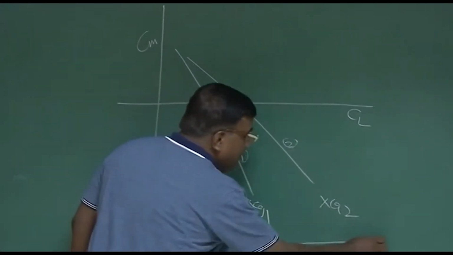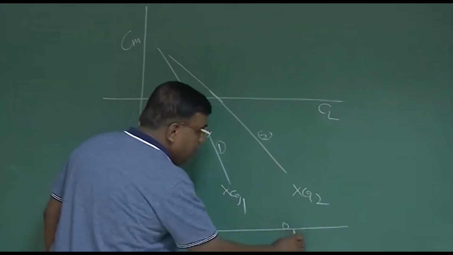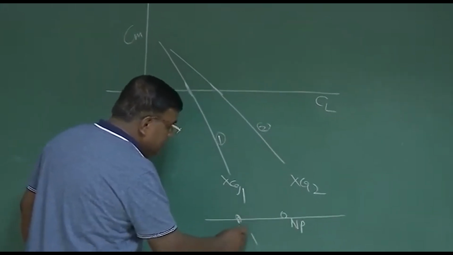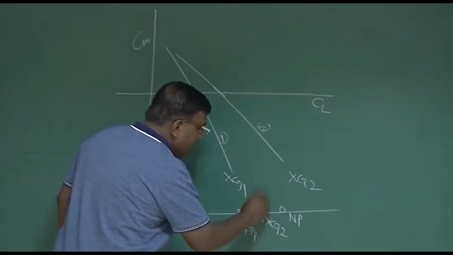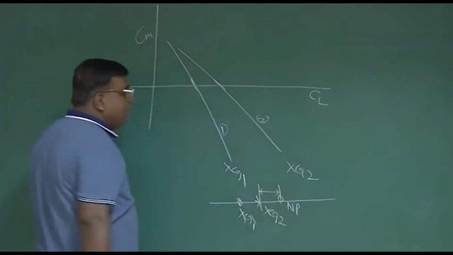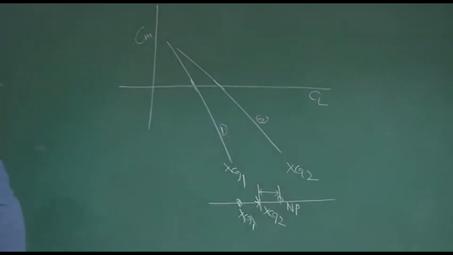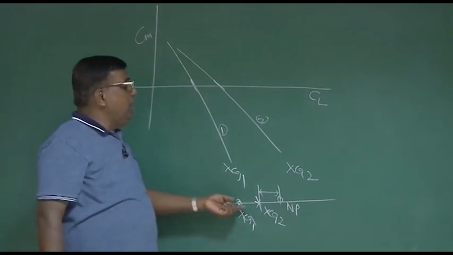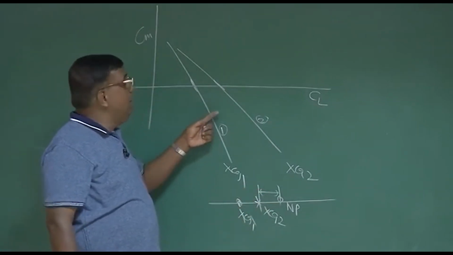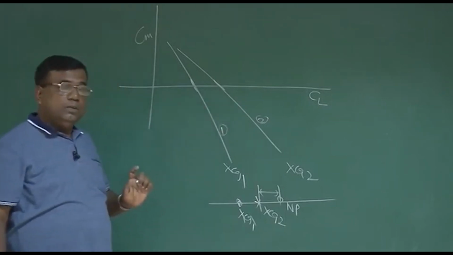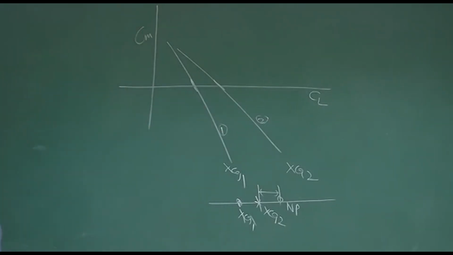Or I can also say, if this is the neutral point of the airplane, and XCG1 is here, XCG2 is somewhere here, the difference between XCG2 and the neutral point is lesser compared to the difference between XCG1 and the neutral point. So I say this airplane is statically more stable than this airplane. No issues? Now let us start to see.